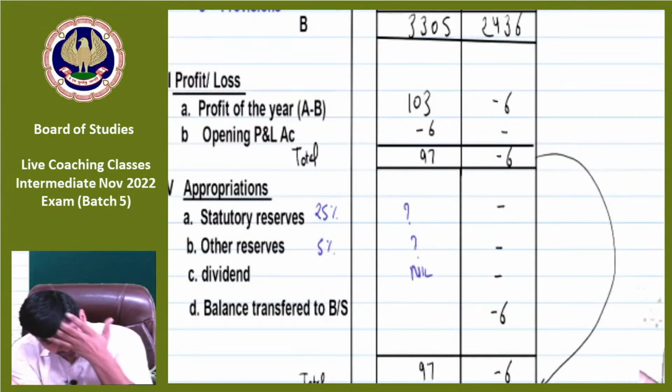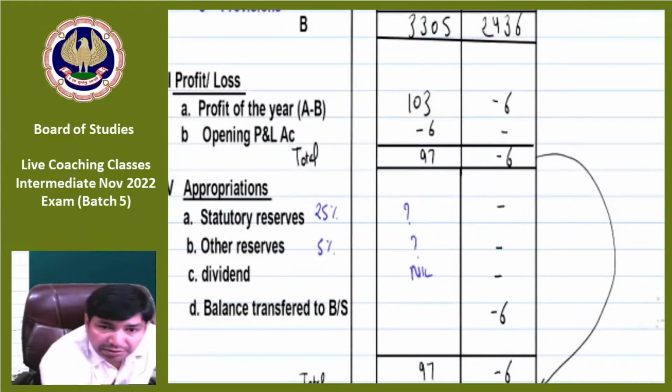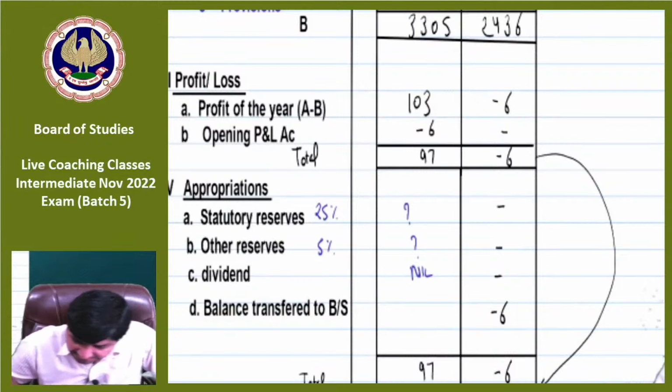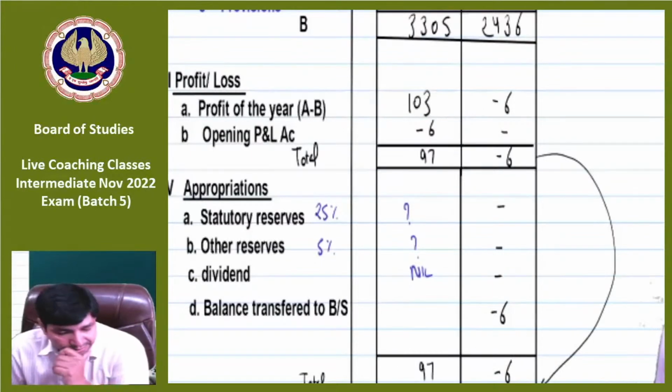At which amount you will apply the percentage? Normally, the question also creates a problem here. Don't give me the total amount. Give me a separate amount. Okay, beta. According to me, the first answer is wrong, beta.